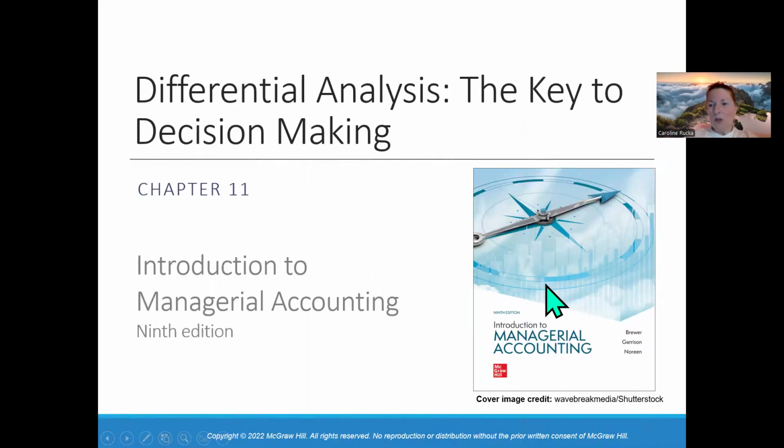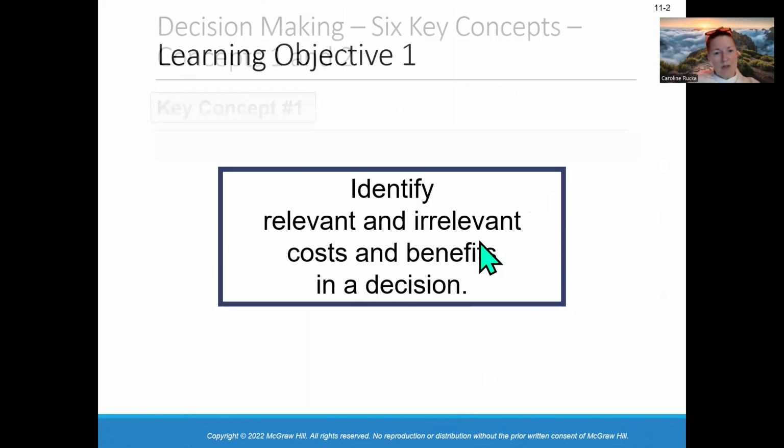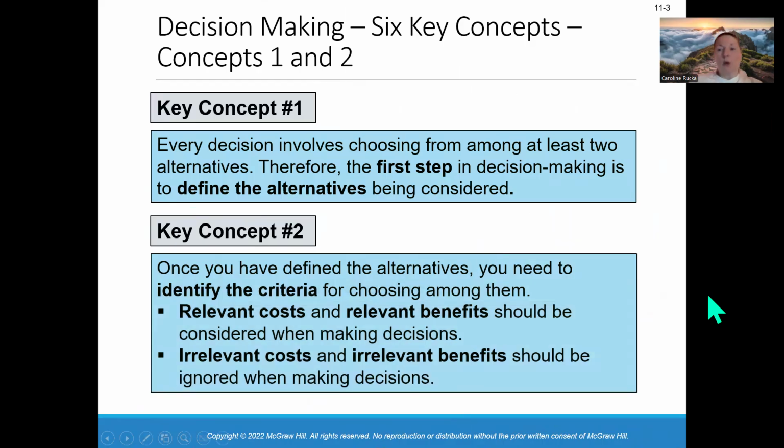Okay. So this is when we actually pull everything together that we've learned up to this point and we start working on our decision making models. So remember, this is a review.